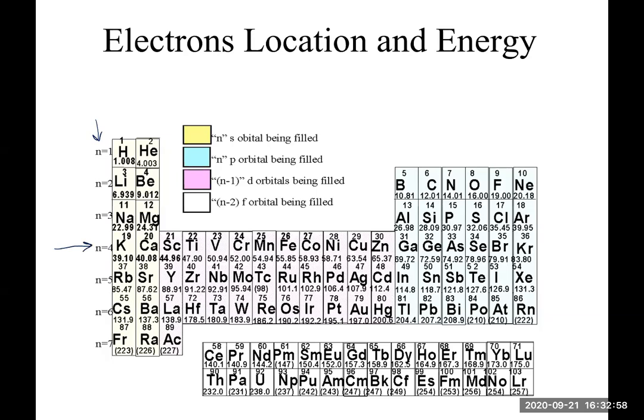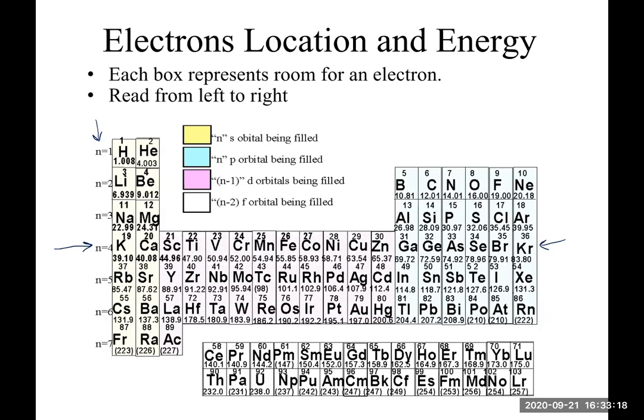That is for s on this side, and for p over on this side. But because the d block shifts down, that's going to be 3d shifting down there. So each box that's associated with your electron configuration is going to be a place for an electron to be. And we're going to read from left to right on the periodic table and from top to bottom.